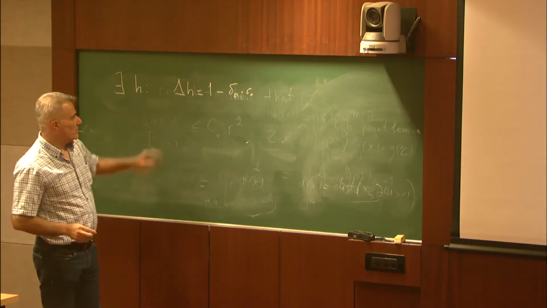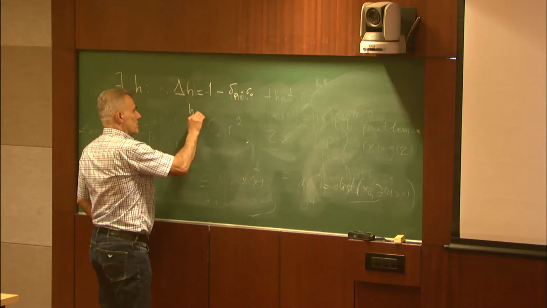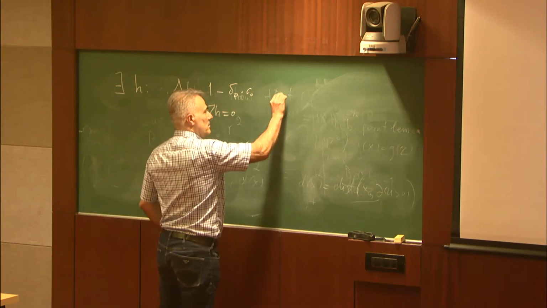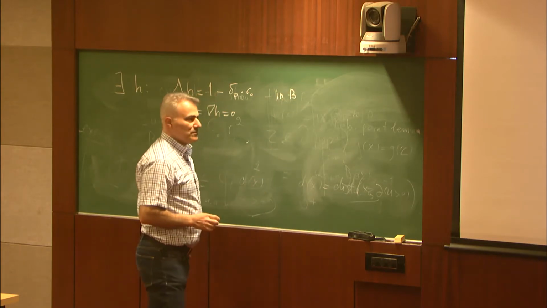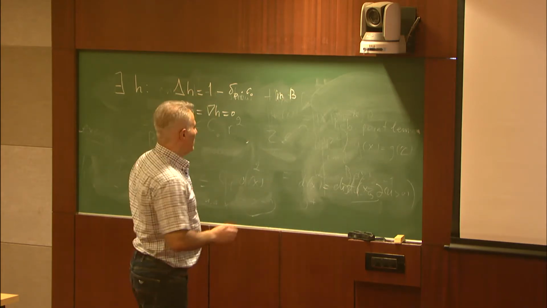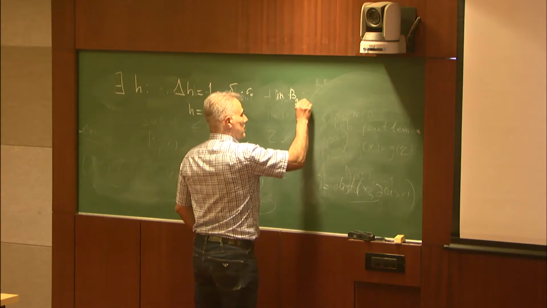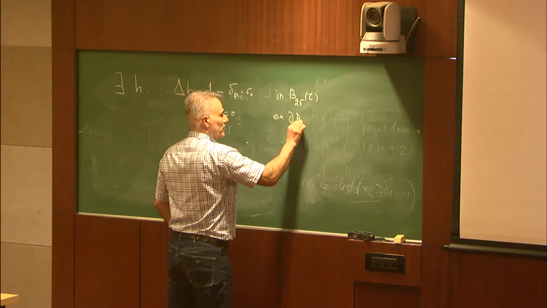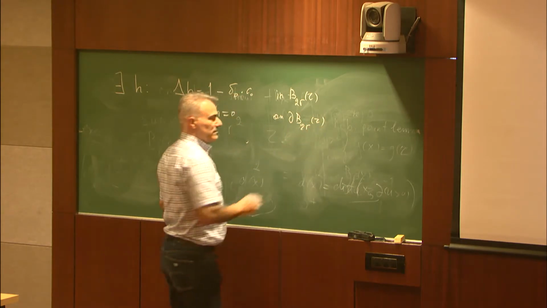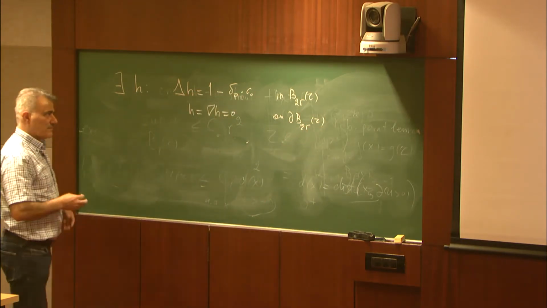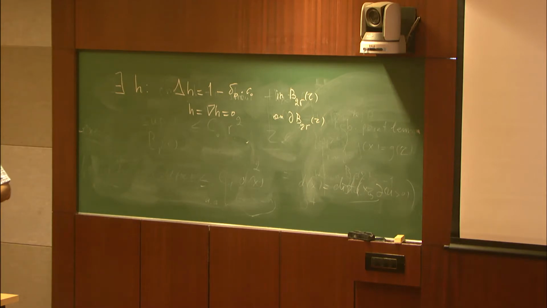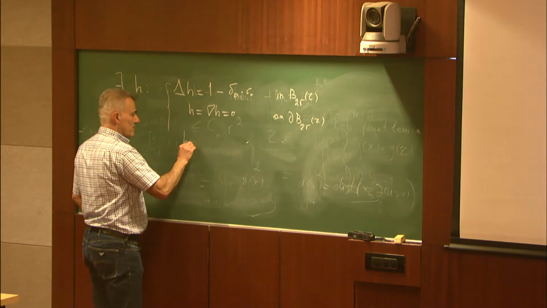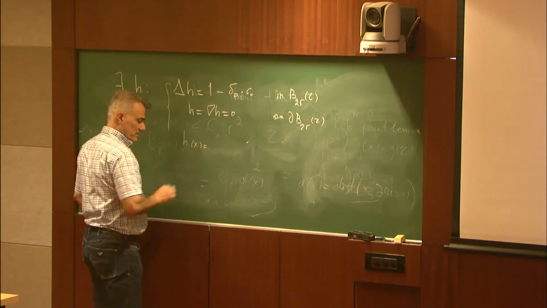We can actually solve this problem, and the function h and its gradient are 0 on the boundary of the ball of radius 2r, center z. We can compute this function. It looks like this. The function is explicitly something like this.